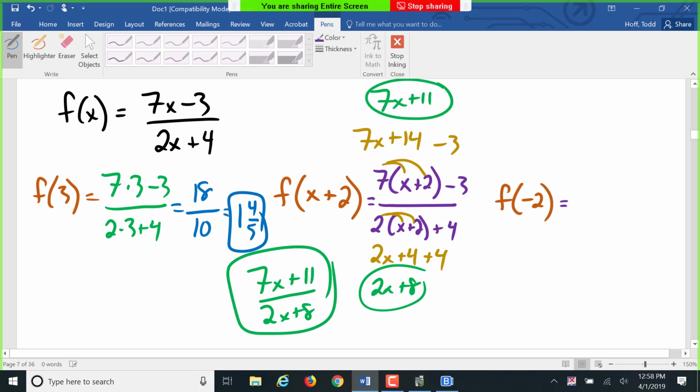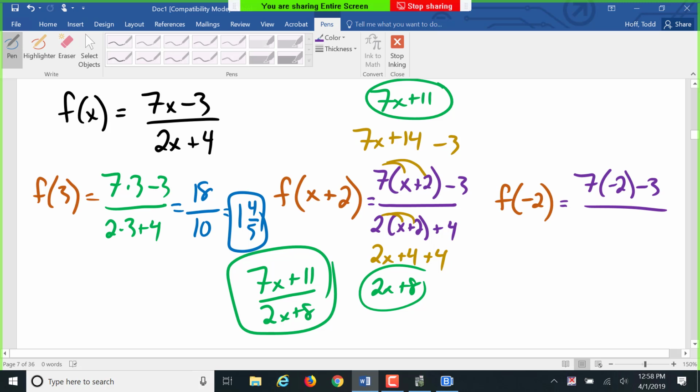What did you get for f of negative 2? It's undefined. Why? Because you get 0 in the denominator. When I put in negative 2 here, I have 7 times negative 2 minus 3, which is just fine.